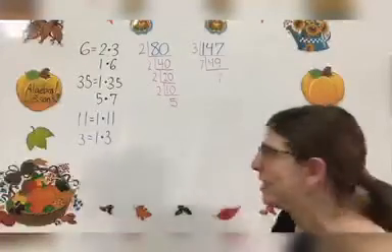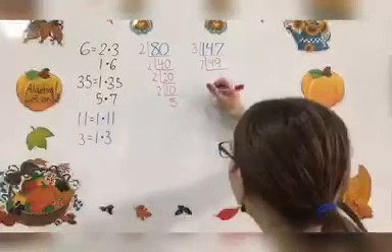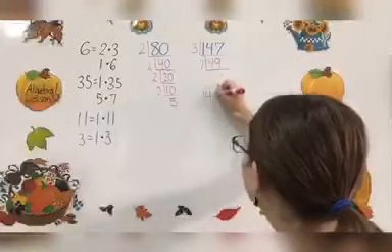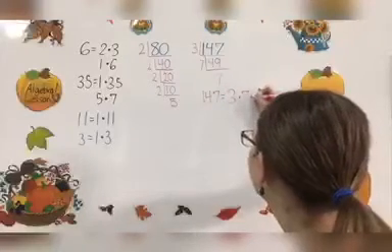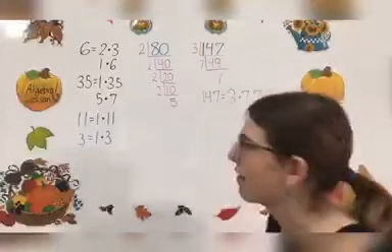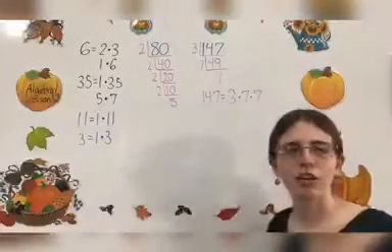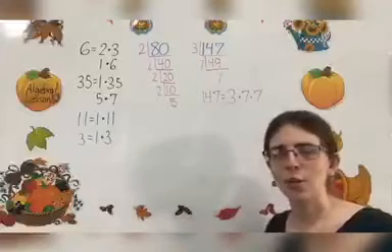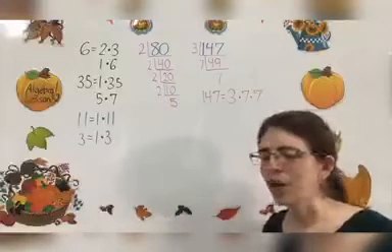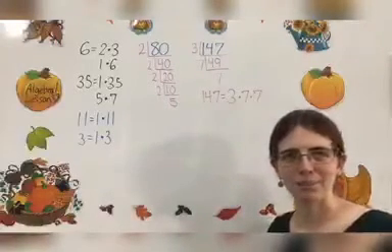Prime. That means I'm done. The way I would want you to write this is 147 equals 3 times 7 times 7. If you wanted to write 147 equals 3 times 7 squared, that's fine. Just make sure that you don't miss any numbers. All right, that's how you divide by primes.